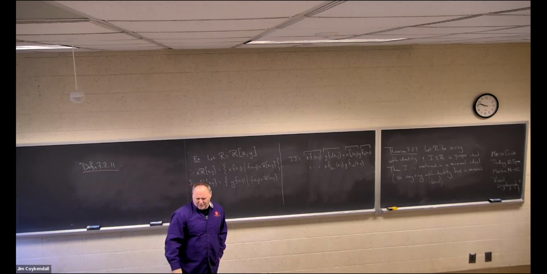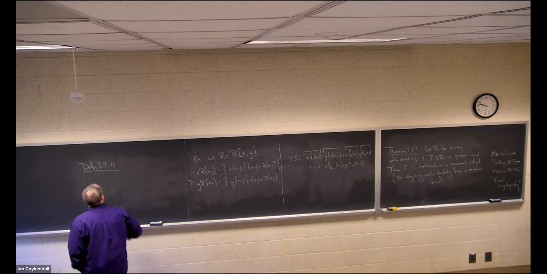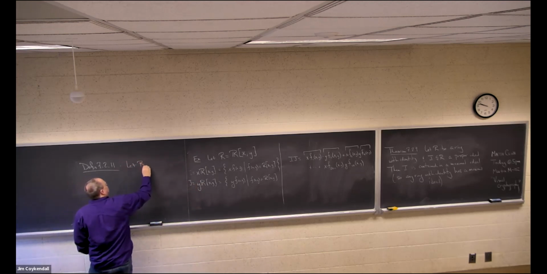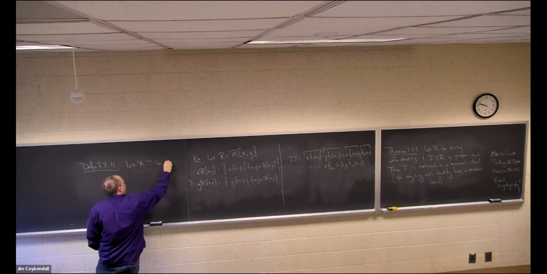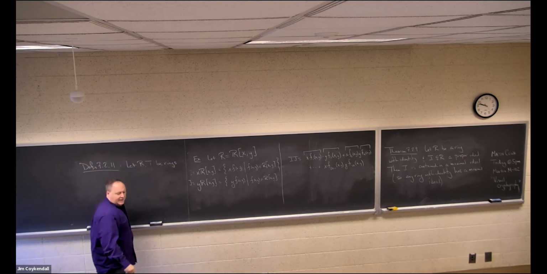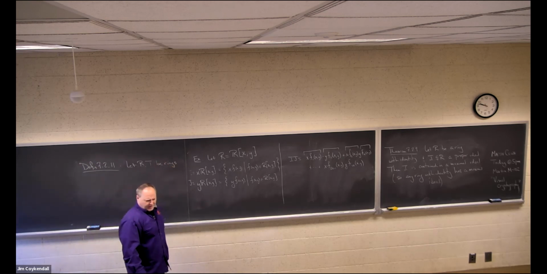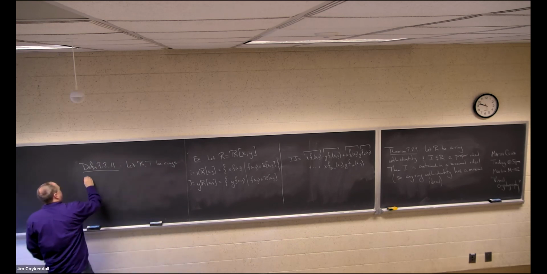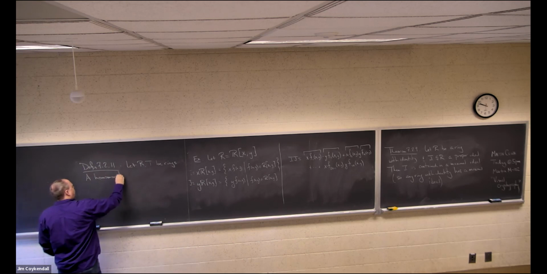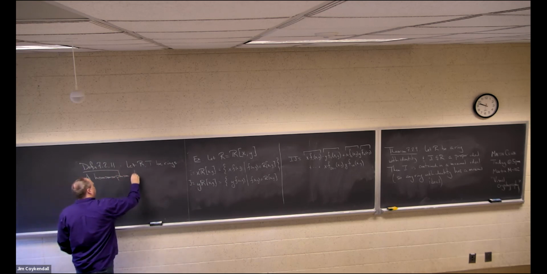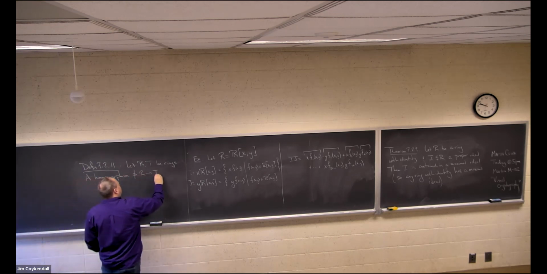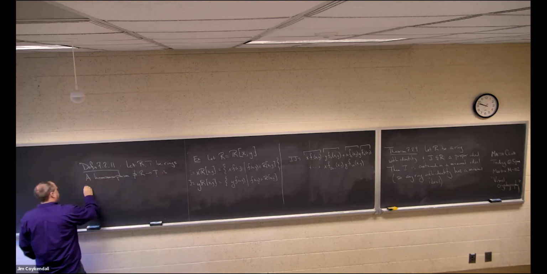Let R and T be rings. So I'm going to define something called a homomorphism. A homomorphism from R to T is a function.